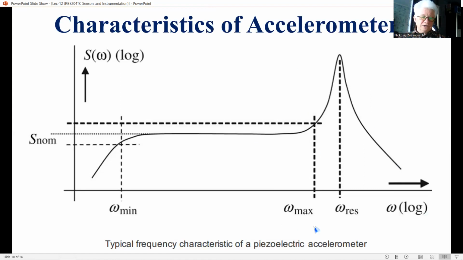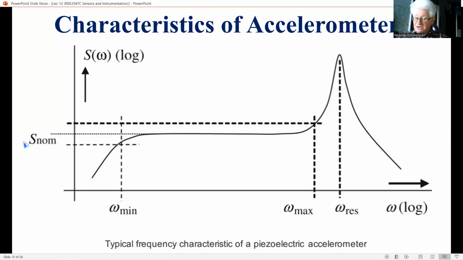This figure shows the useful frequency range of a standard-type piezoelectric accelerometer. And here, S of omega is the sensitivity, that is the ratio between applied acceleration and electrical output, and S is the nominal sensitivity.